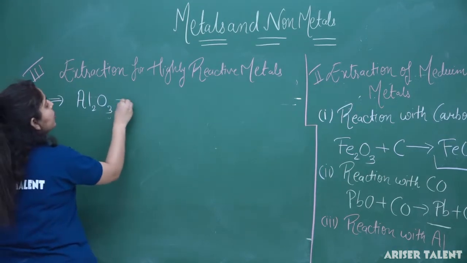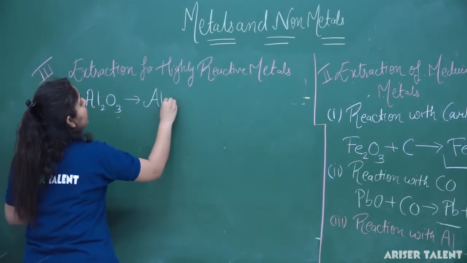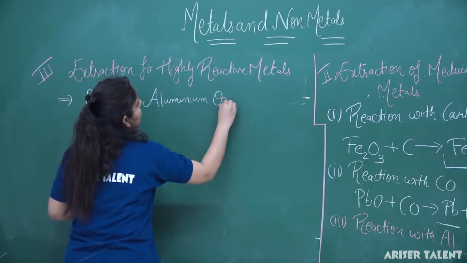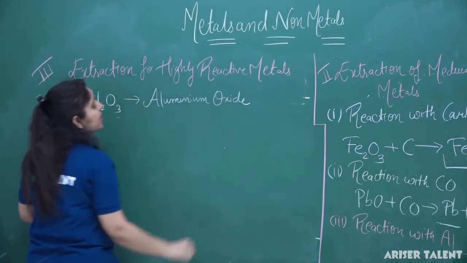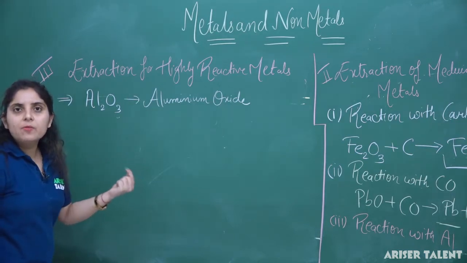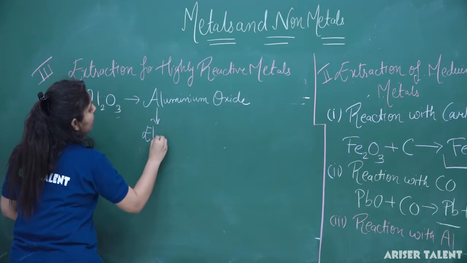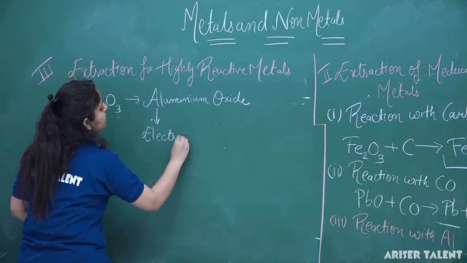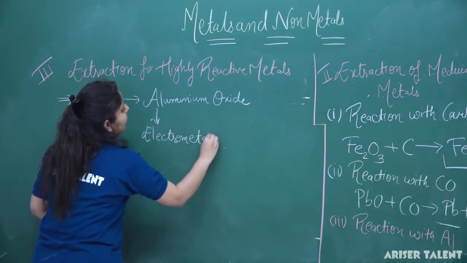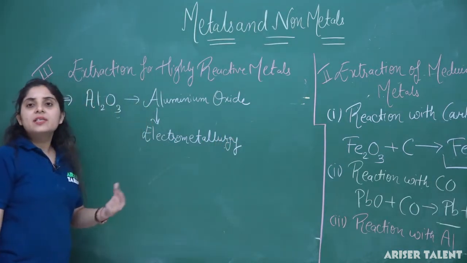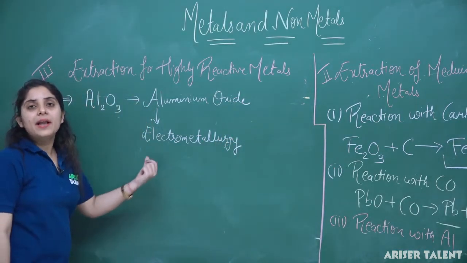This Al2O3 is aluminium oxide. If we have to obtain aluminium from this oxide, we will perform electrometallurgy. Electrometallurgy means extraction is done using electrochemical processes.